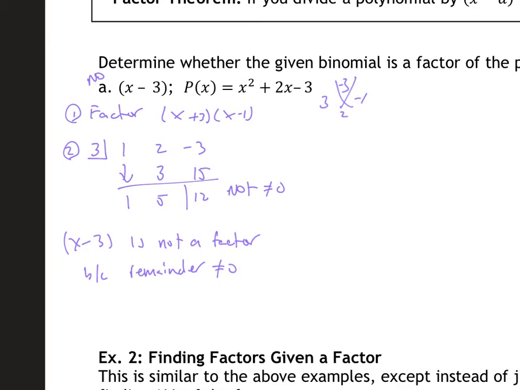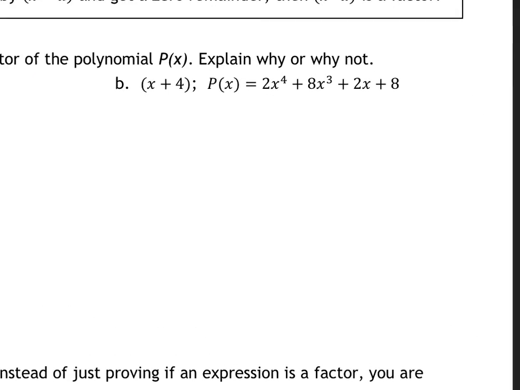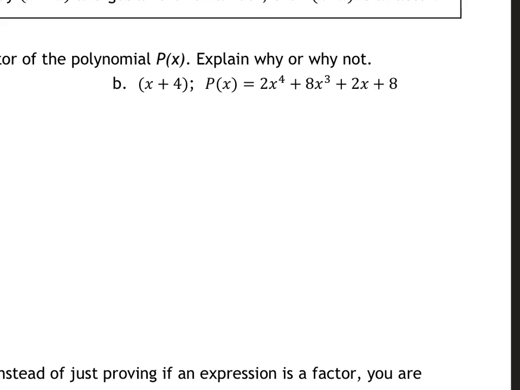Now with short ones, it's easy. Now, if I give you a long one like this, synthetic division is the easy way to go. So -4 is going to go in my box. Remember, I need a 0x squared here. Check that first. So I got a 2, I got an 8, I got a 0, I got a 2, and I got an 8. Repetitive, looks nice. So bring down the 2. 2 times -4 is -8.